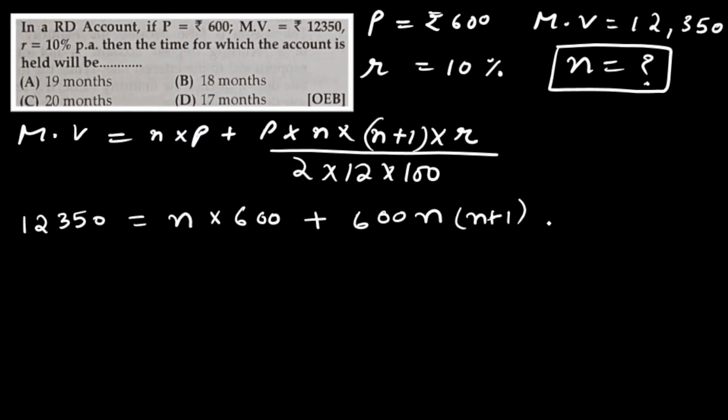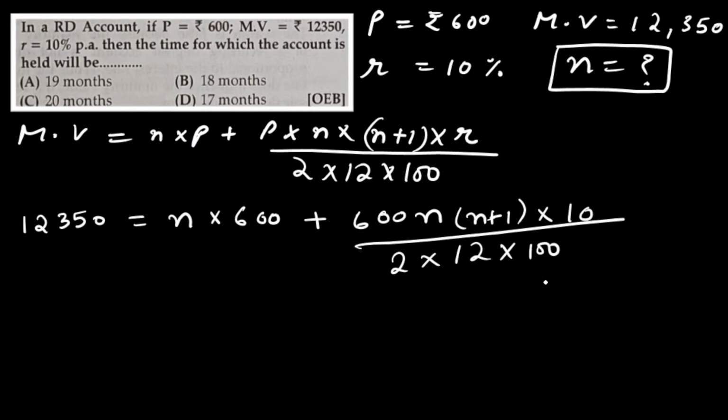Let it be like this only, into R. R's value is 10 by 2 into 12 into 100. So everything I have substituted here.